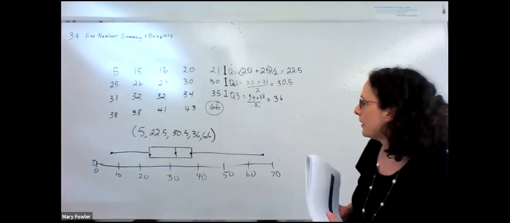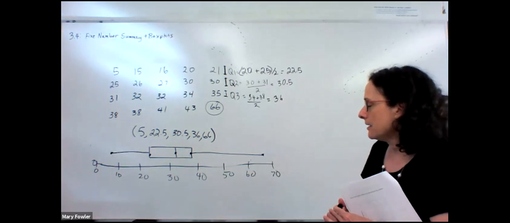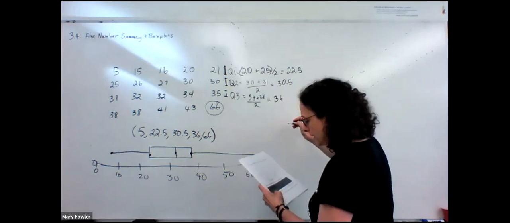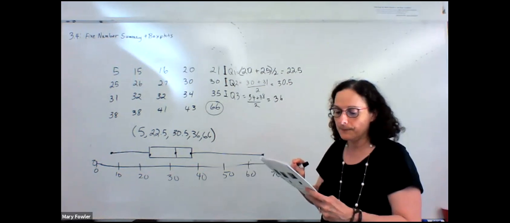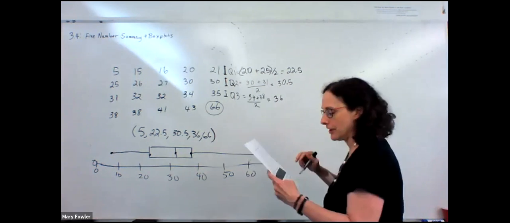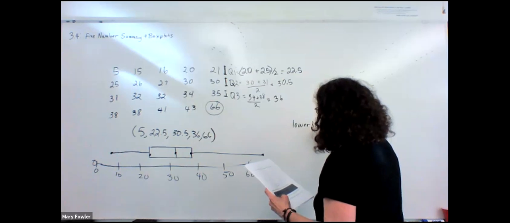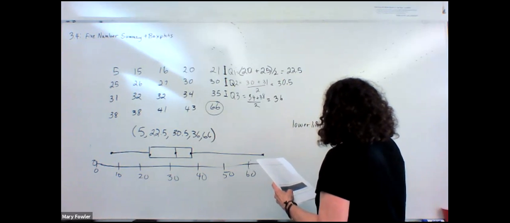So the upper and lower limits define identifying potential outliers. We're going to form a lower limit, or a lower fence, I think sometimes we refer to it as.